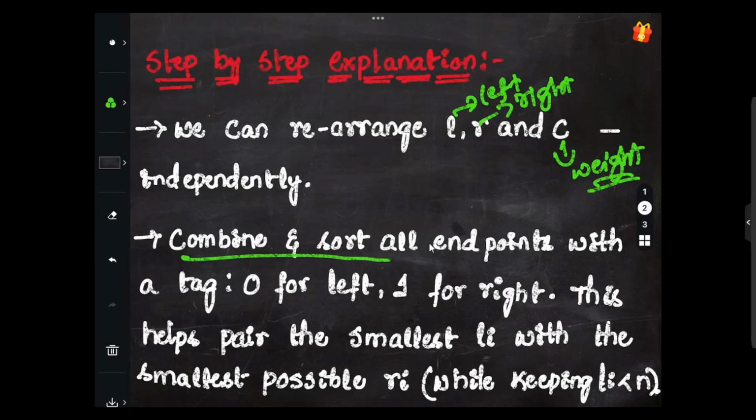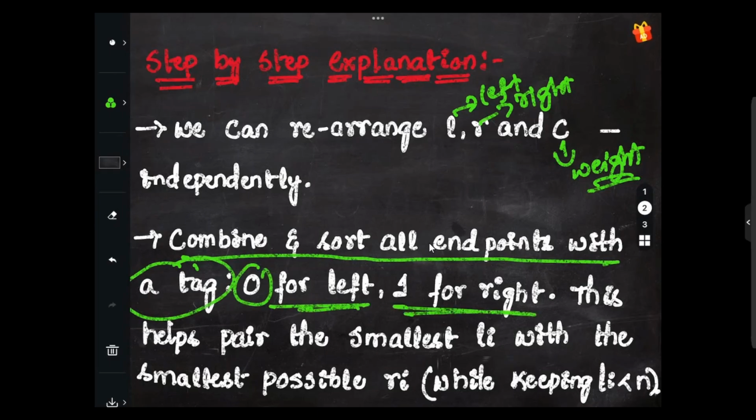We'll go with 0 for left and 1 for right. This helps pair the smallest left with the smallest possible r.